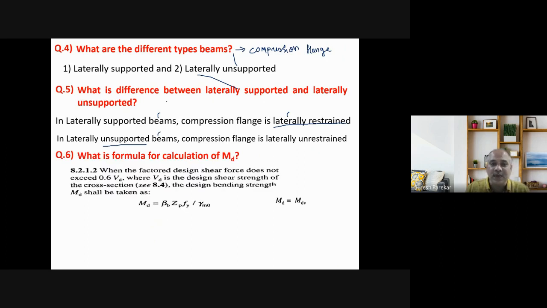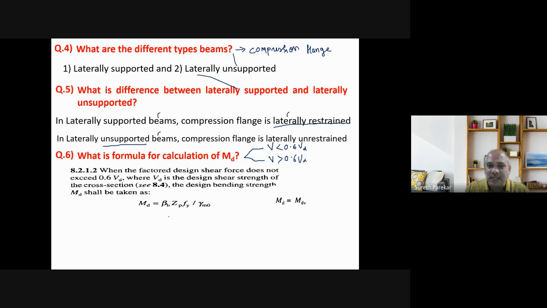Now, calculation for MD. Again, the formula for MD we are going to divide into two parts, which depends upon your value of V. If your value of V is less than 0.6 VD, where VD is the design shear strength, and second, if it is greater than 0.6 VD. Now what happens in these two cases?